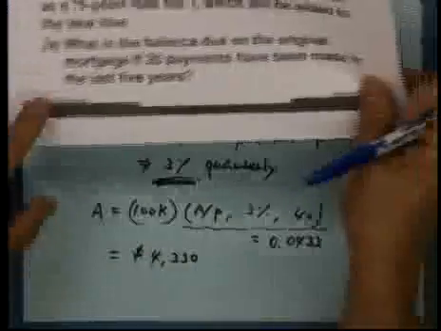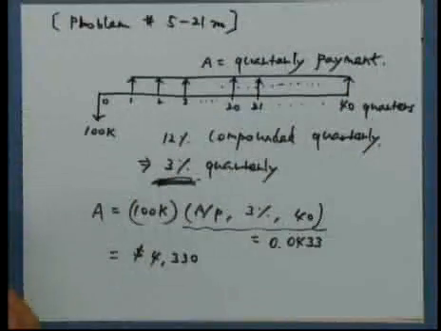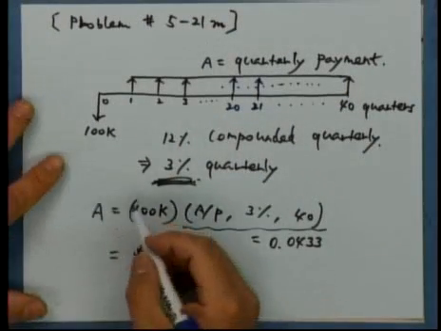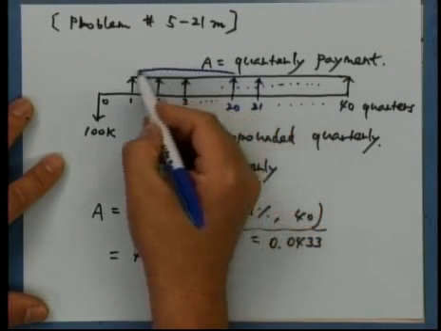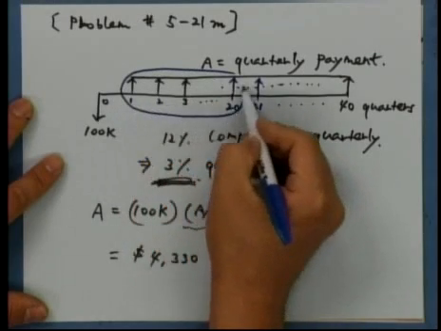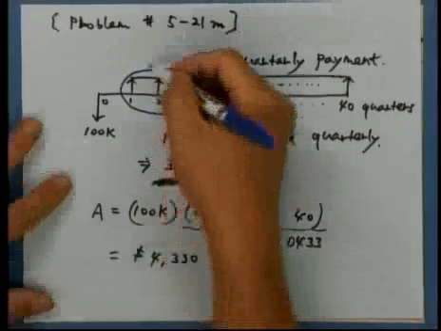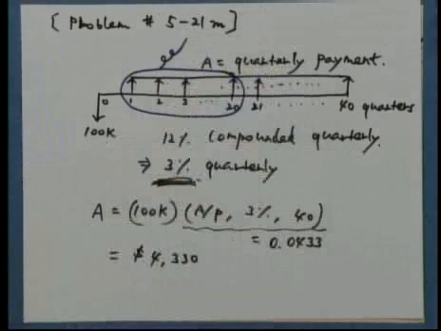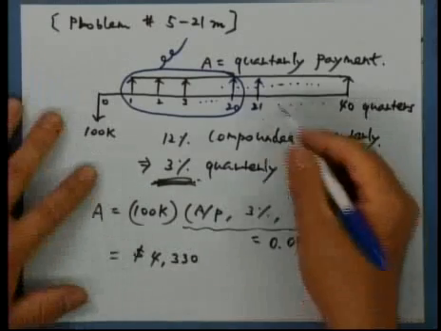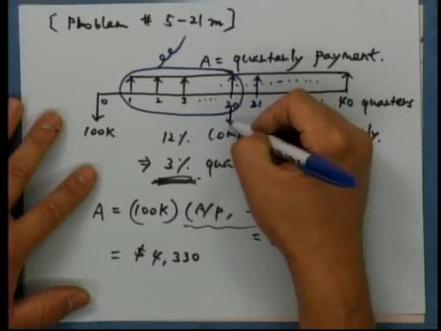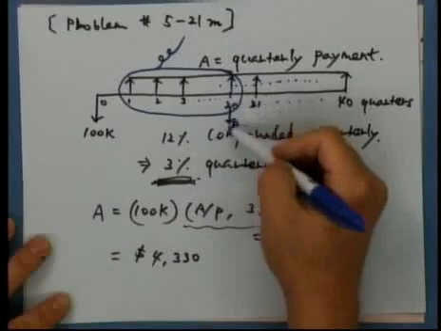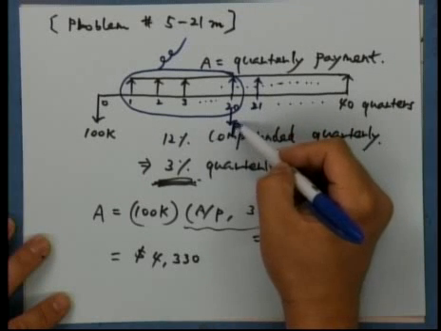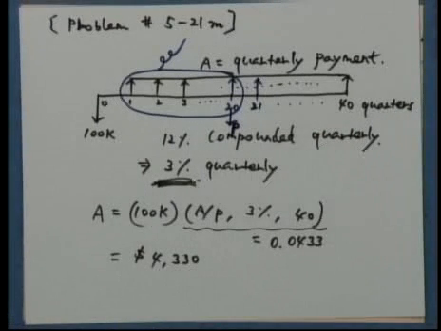So this question says all these 20 payments have been made, okay? And we'd like to know the present sum, P, at the end of period 20. So let's say this is P, okay? At the end of period 20, the present sum of P.